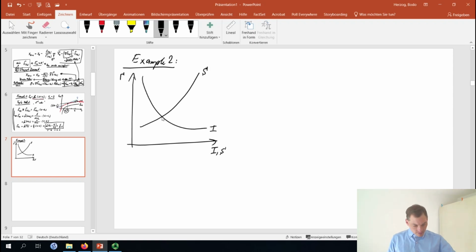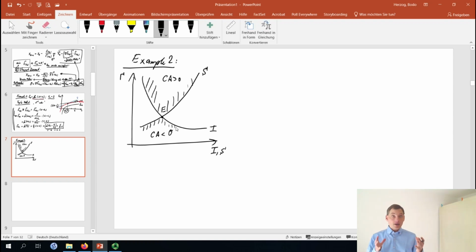And the equilibrium point, of course, is the intersection. And you know from my discussion that all the equilibrium points above, it's called a current account surplus. And when we are below this equilibrium point, then we have a current account deficit.